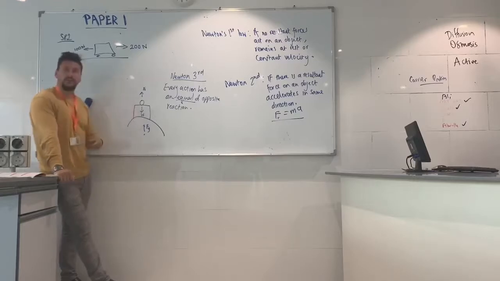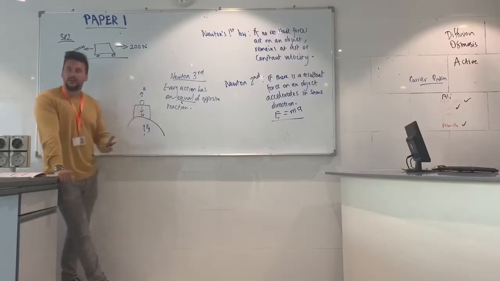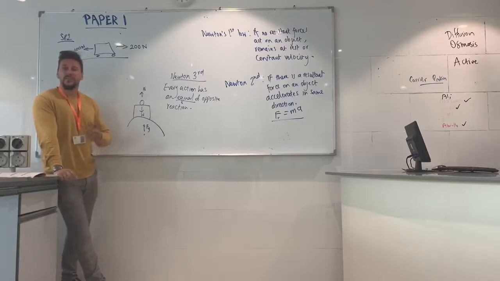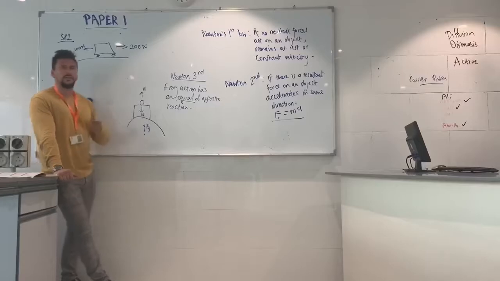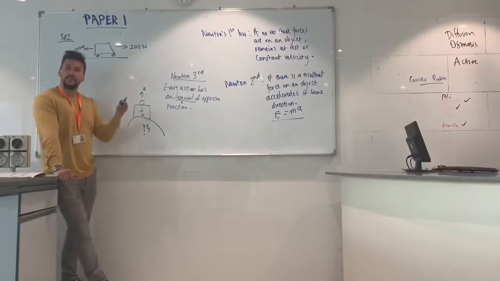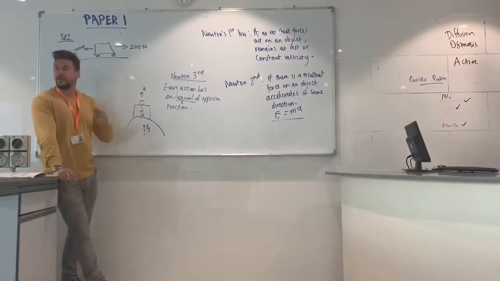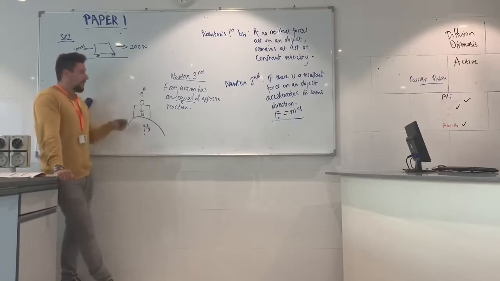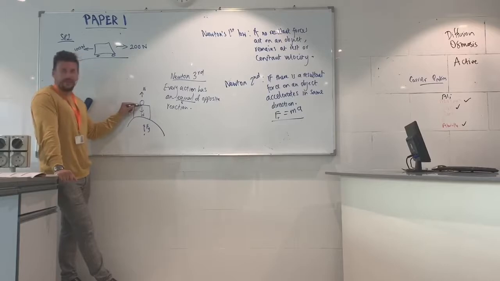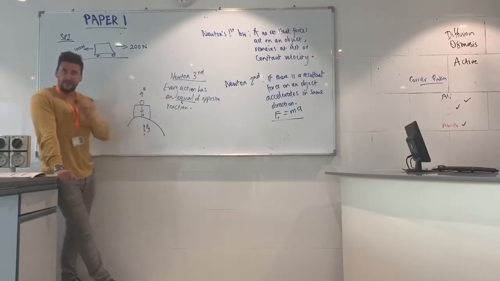Now, weight of an object is caused by the earth, right? The only reason you're sitting in your chair is because the earth is pulling you down. If the action is your weight, which means earth pulls object, the reaction has to be object pulls earth. It has to be the same two objects. Okay? But if you said that the action is force on table, the reaction could be table on object.